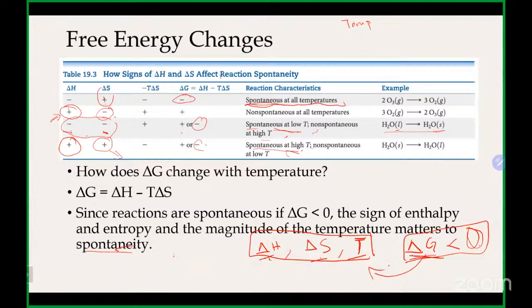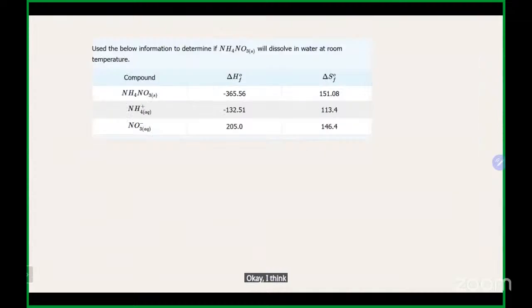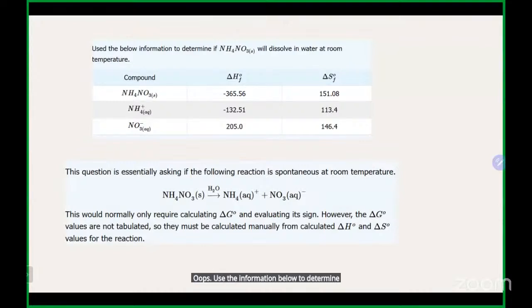Okay, I think I just have a few more examples to work out. Use the information below to determine if NH4NO3 will dissolve in water at room temperature.